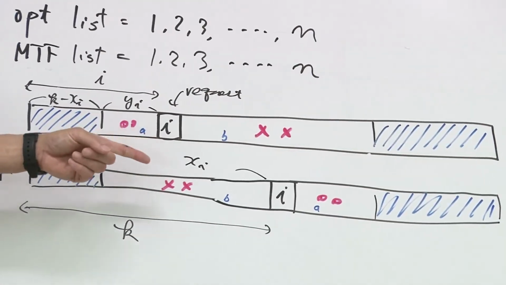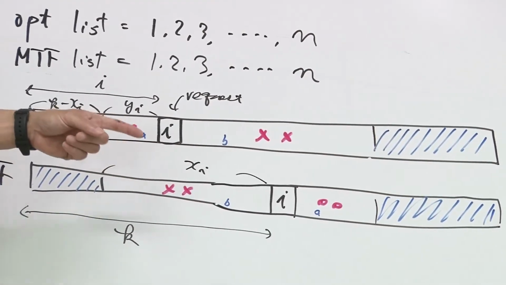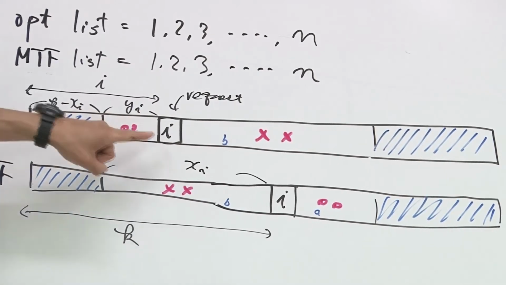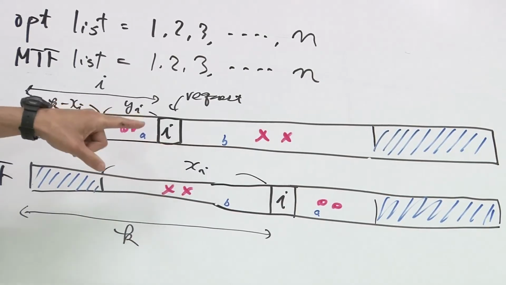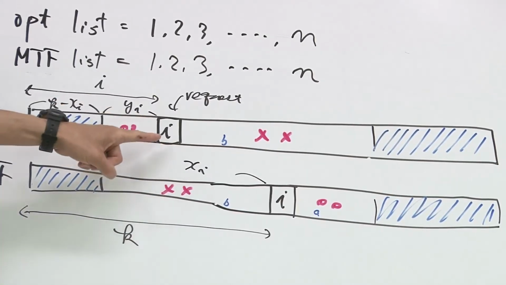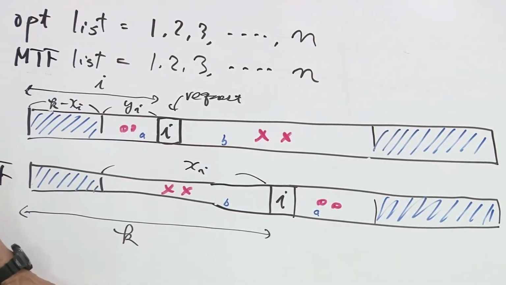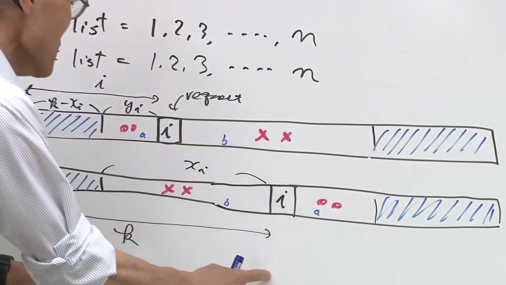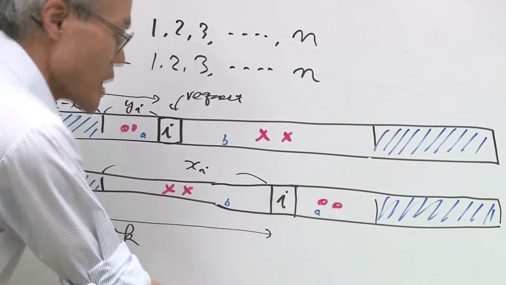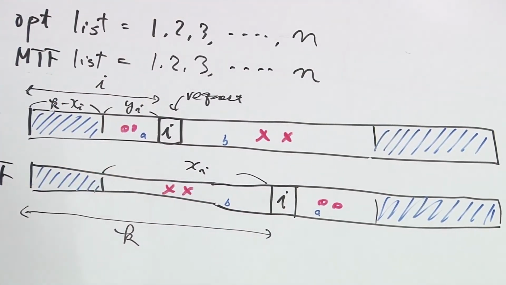But what moves? Only I moves. The other things don't move. Then in the next step, the order of this AB is again AB, and the order of this BA is again BA. It doesn't change, right?